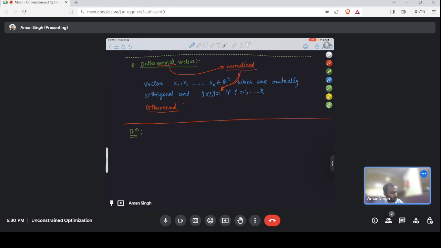So if x1, x2, ..., xk are mutually orthogonal and xi is not equal to 0 for all i, so basically none of them are 0, then they are linearly independent.